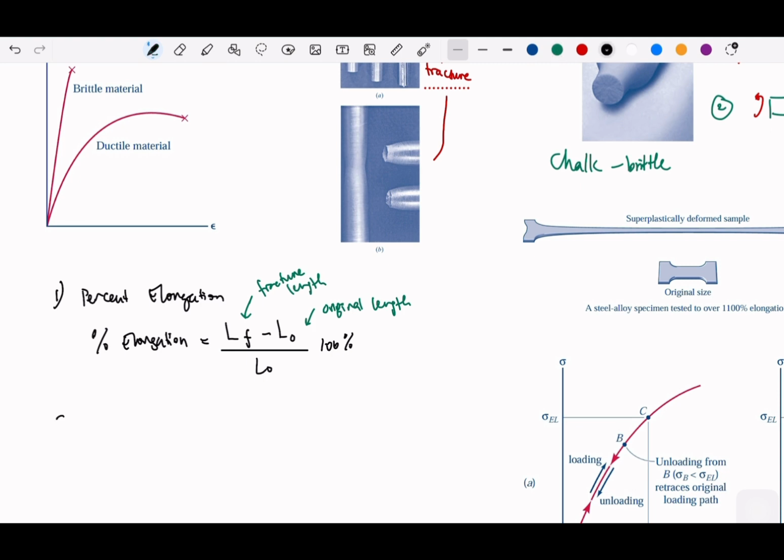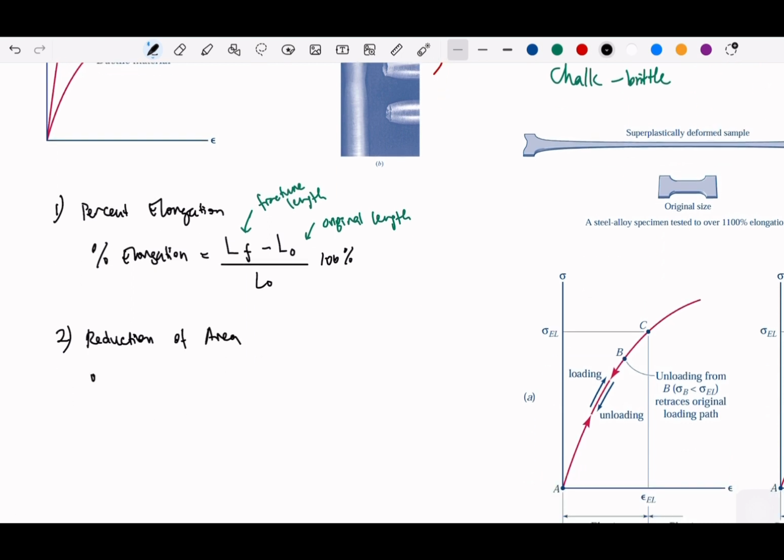The second, aside from the percent elongation, is the reduction of area, or area reduction. So the percentage area reduction is the original size minus the fracture area, divided by the original.